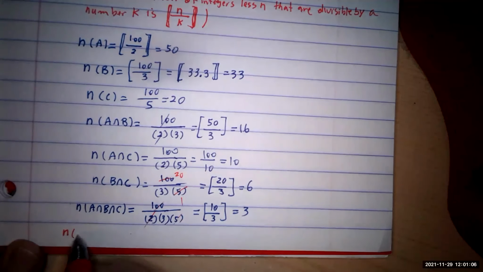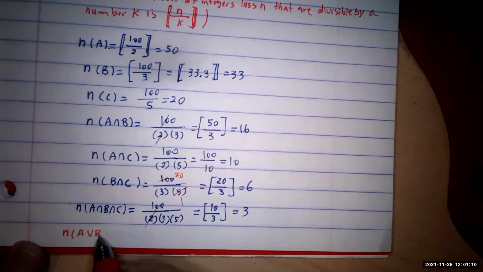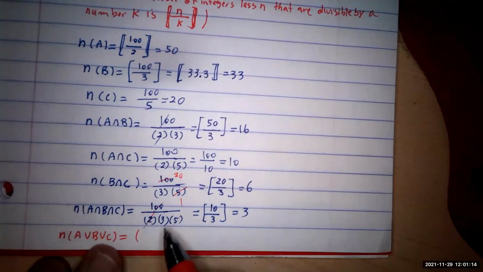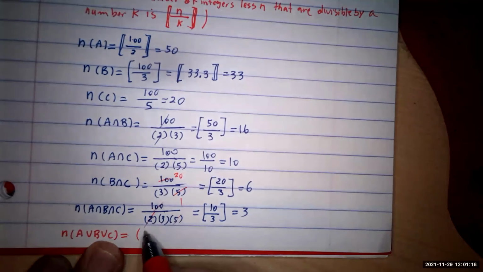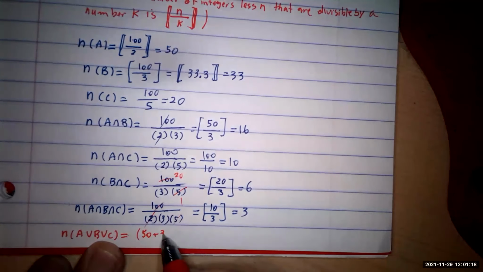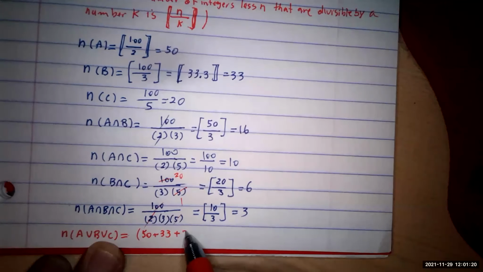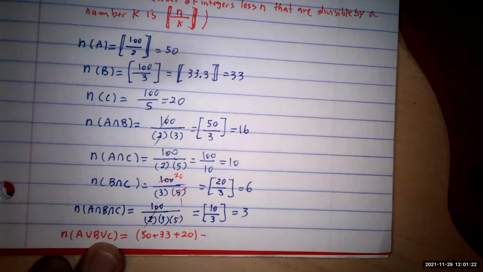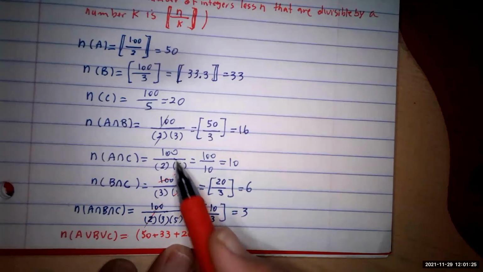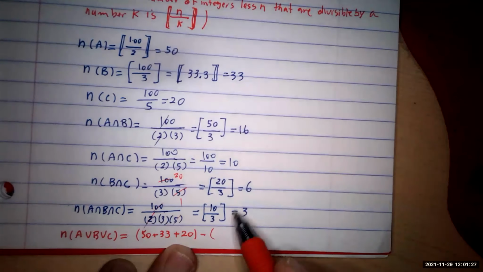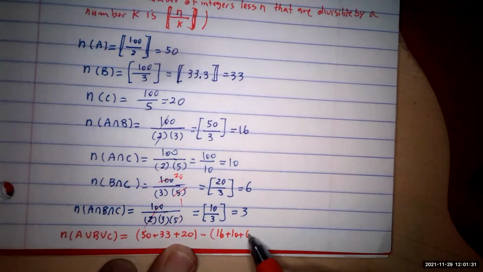So the total number of integers less than 100 that are divisible by 2, 3, or 5 is going to be, okay, the single ones were 50, 33, and 20, minus the 2 by 2 intersections 16, 10, and 6, plus the all intersection 3.